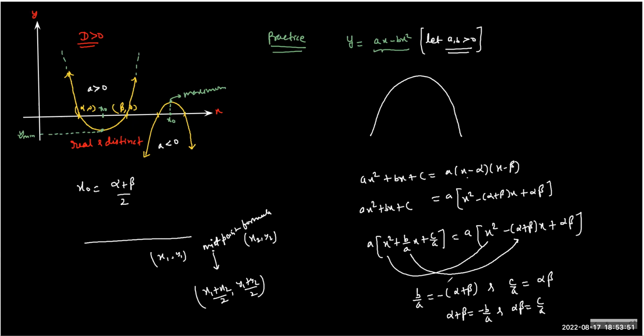So if we write the quadratic as ax square plus bx plus c, then the sum of the roots will be minus b by a and the product of the roots will be c by a. This is not difficult, is it? Is this okay? Anybody finding it difficult? Tell me.